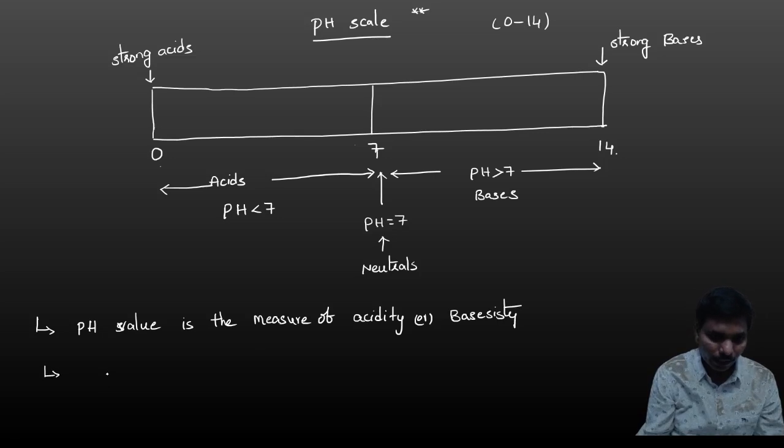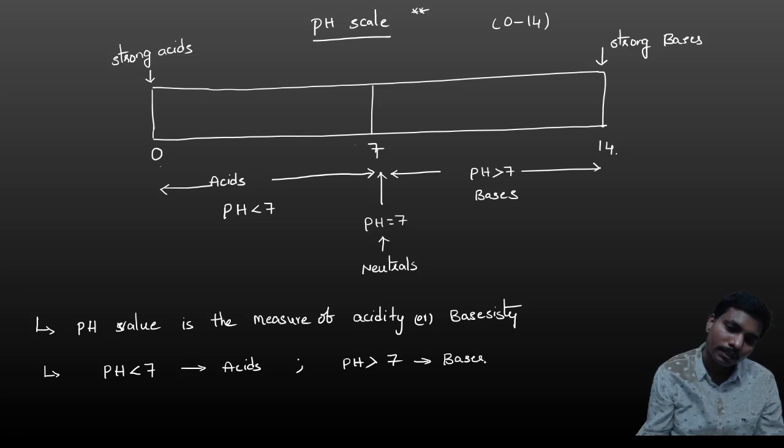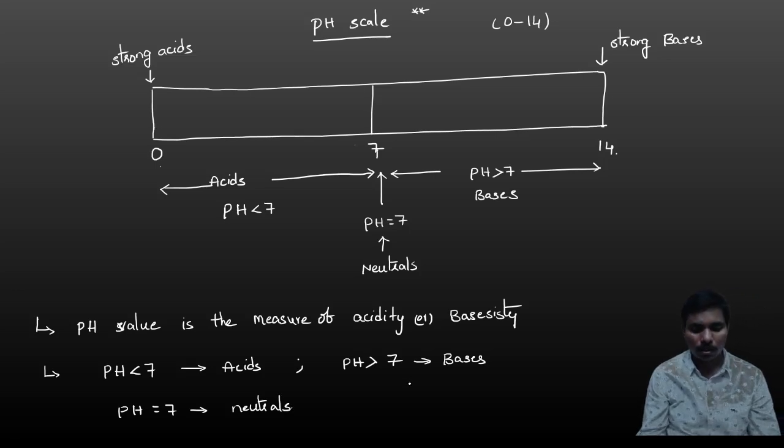Here, if the pH is less than 7, those are acids. The pH greater than 7, those are bases. The pH exactly 7, those are neutrals. Okay, all of you getting up to this?